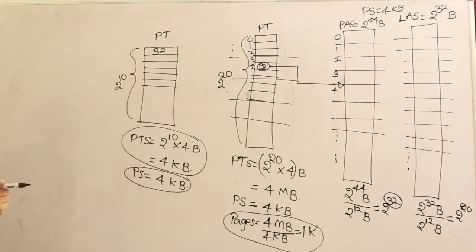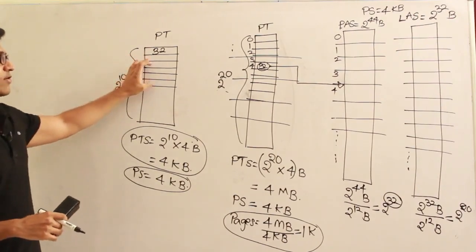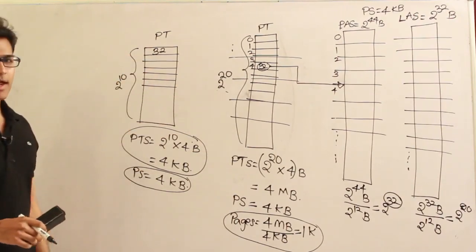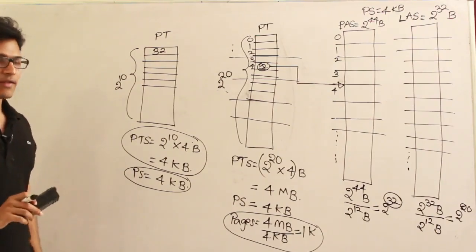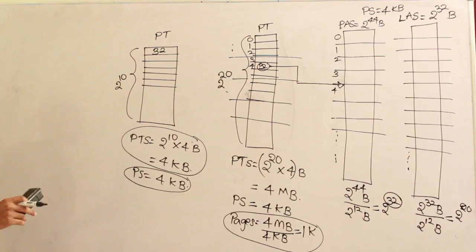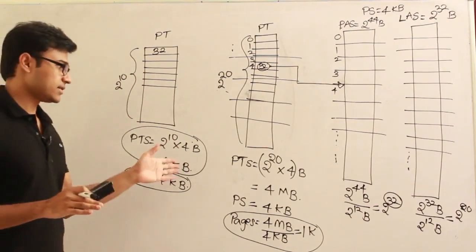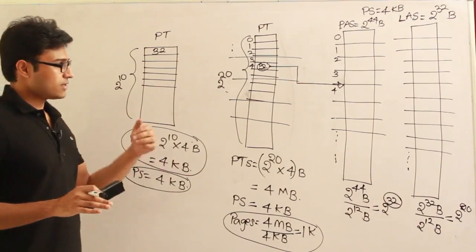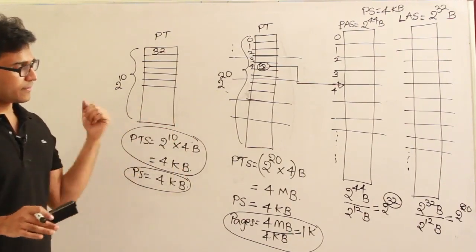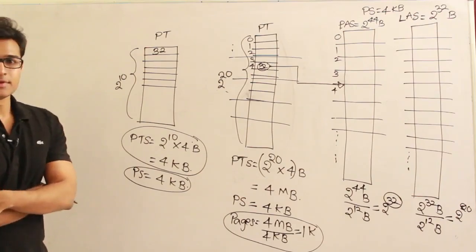What I mean to say is this entire page table can now sit in one frame of the main memory and you need not divide it further. Then how is the logical address to physical address conversion going to happen? That is going to be complex. So if you understood these sizes, it is one part, and next we are going to go into how to convert logical address to physical address. That is the second part.